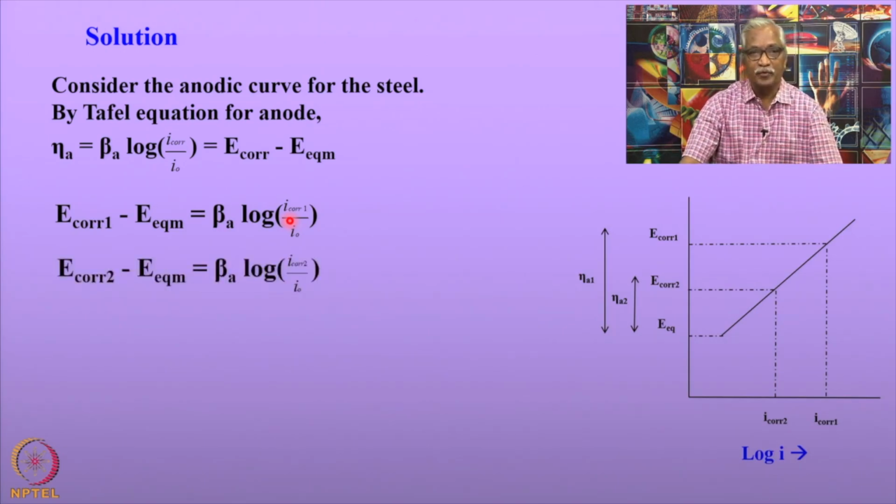On the application of 300 millivolt, the potential shifts from here to this, and we can rewrite the Tafel equation as ICAR 2 upon I naught over here.